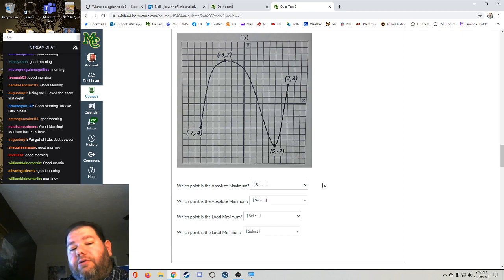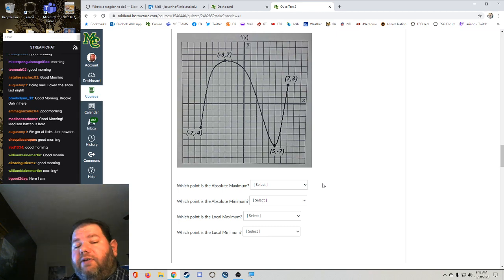When we look at the local maximum, it occurs where the graph switches from increasing to decreasing. Okay, so it cannot be an endpoint because at an endpoint, we're increasing here, for instance, but it never decreases after that, it just stops. So the local maximum is actually the same as the absolute maximum because here we're increasing, we hit our top point, and then we decrease after that.